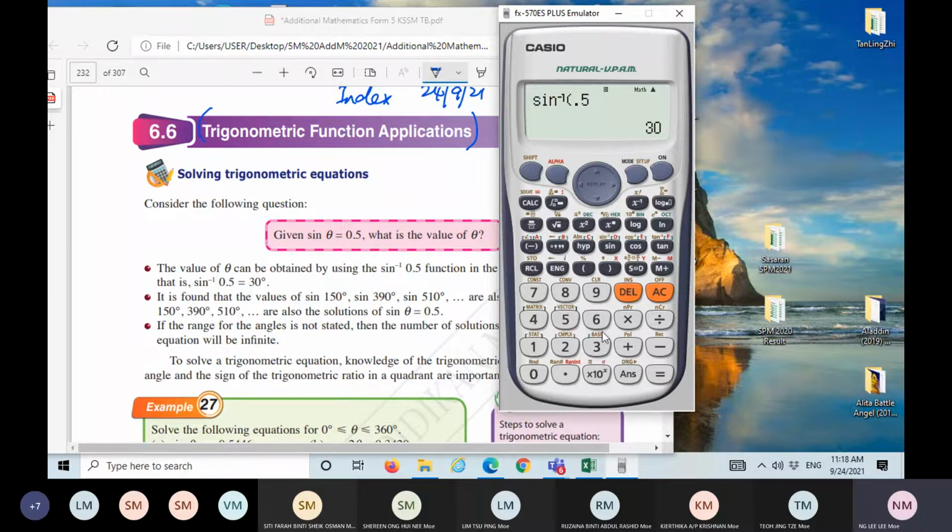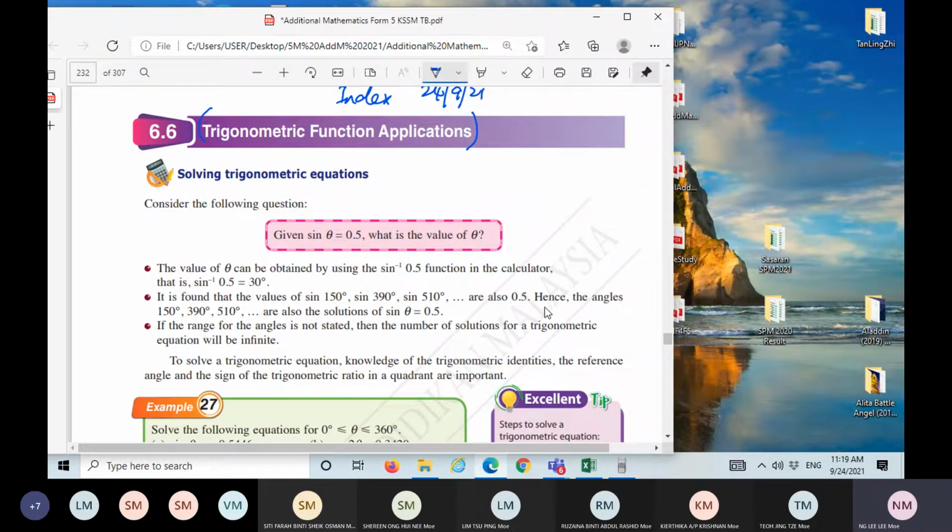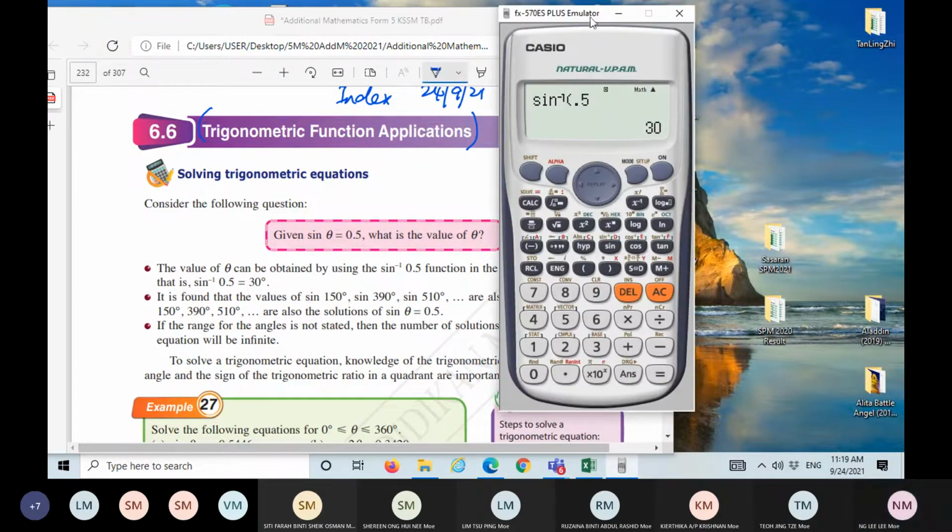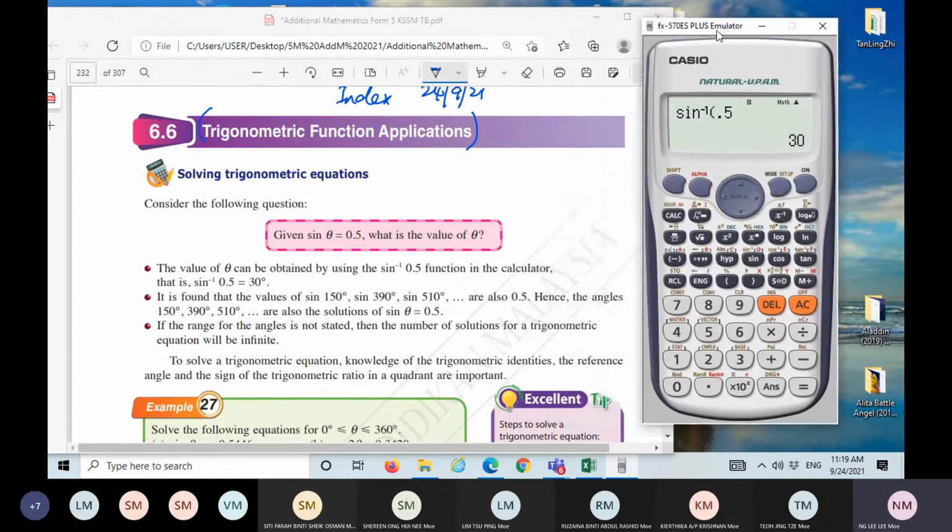But this is not good enough. It is found that the values of sine 150, sine 390, and sine 510 are also 0.5. Let us try, correct or not? See whether it's correct or not. Let us try sine 150.